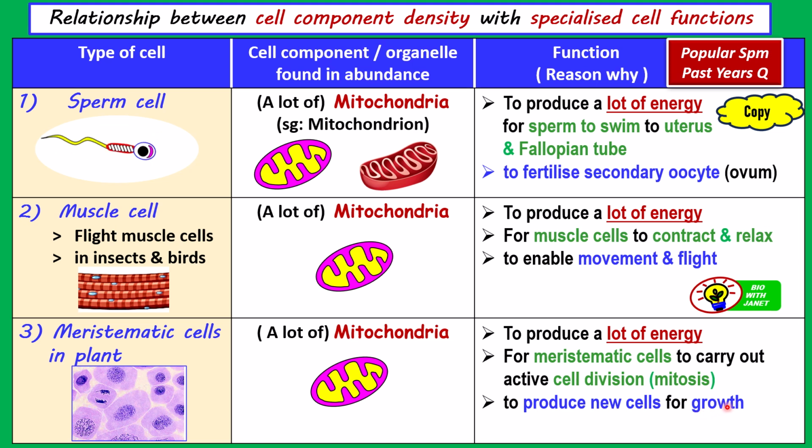The plant can grow taller, or the roots can grow deeper down. Right? So meristematic cells are special cells that carry out active cell division in the shoot tip and the root tip of plants. And they need a lot of energy, so they have a lot of mitochondria in the cells, okay, to produce energy for active cell division.